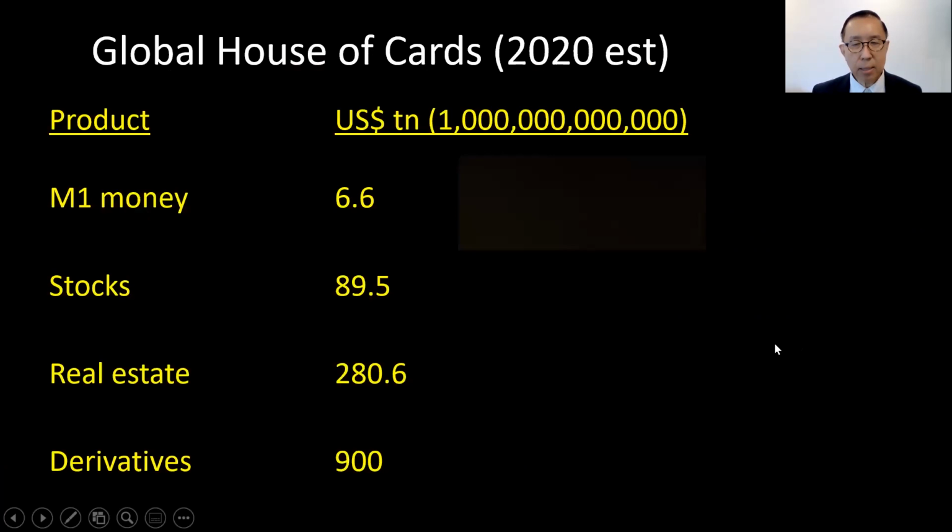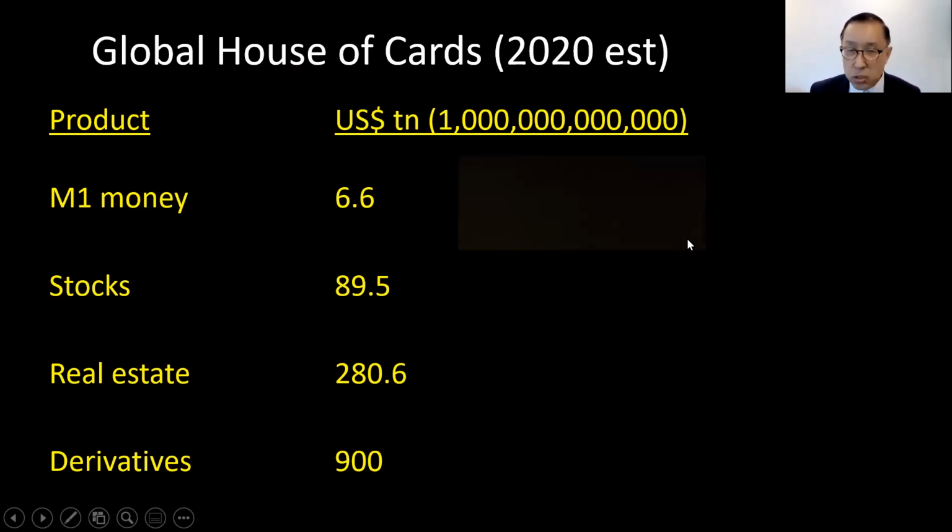Why do I say that? Look at this table. In the year 2020, if we take account of all the money that's printed by all the central banks, it's only $6.6 trillion. Stocks value $90 trillion. Real estate about $300 trillion. Derivatives $900 to $2,000 trillion.